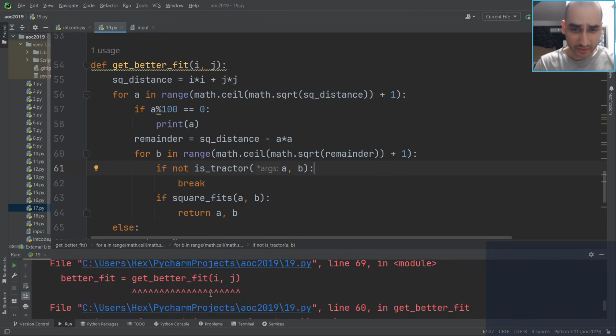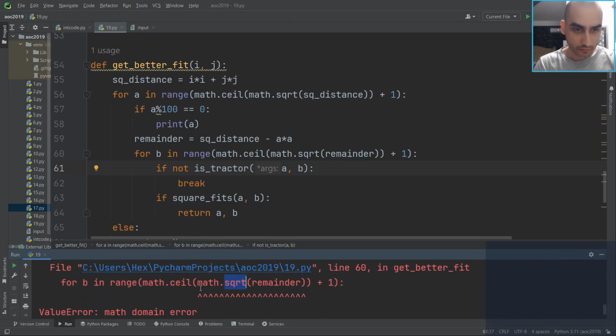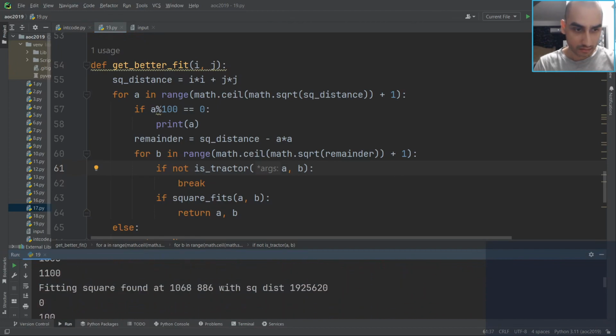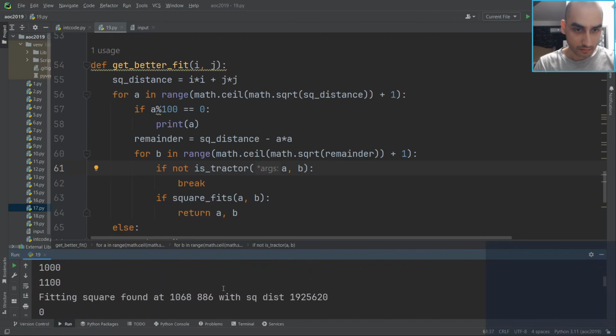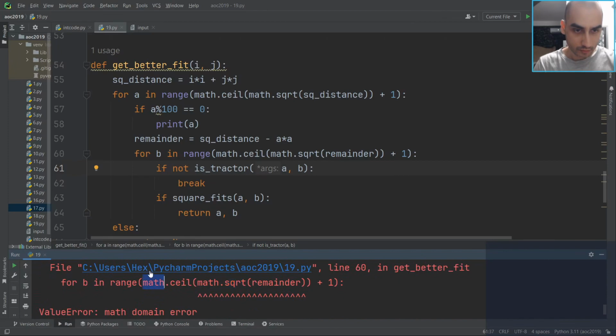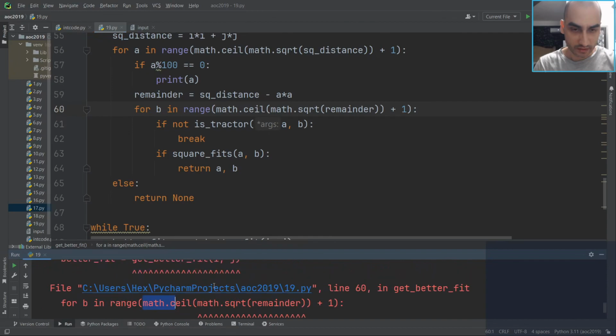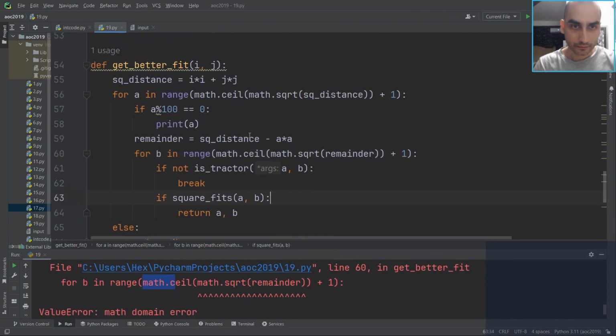Math domain error, what? Math.sqrt of remainder, math domain error. This has probably become negative somehow, I don't know.